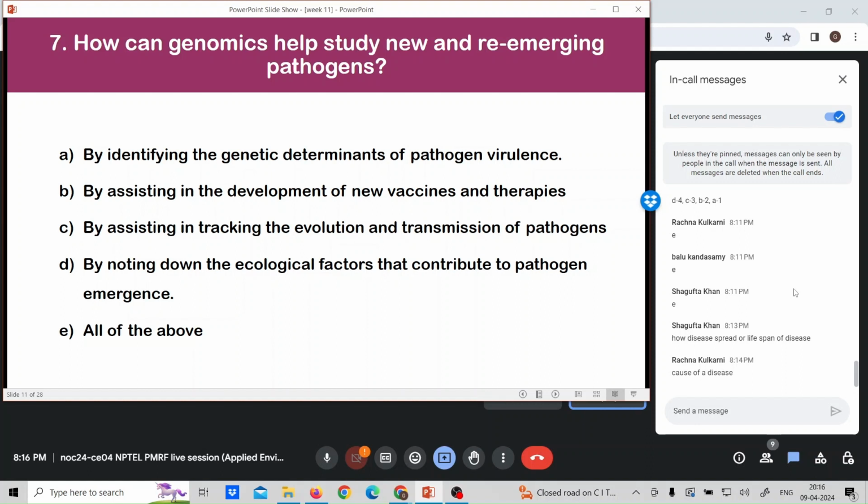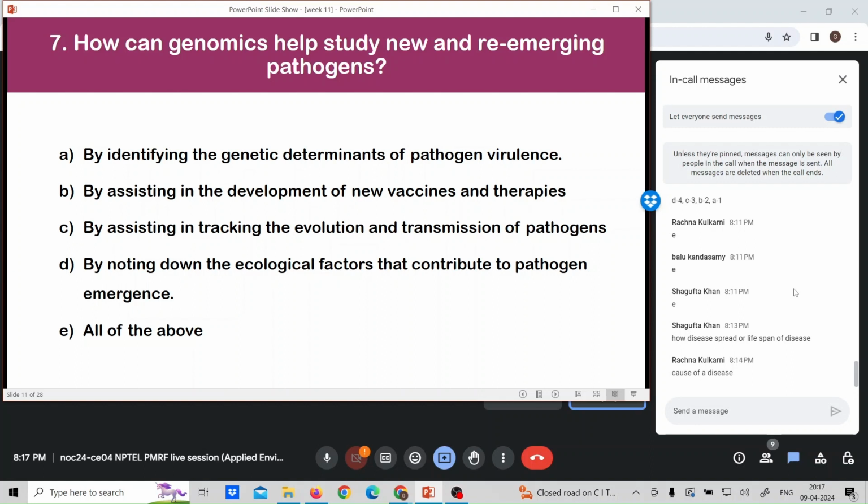Here, genetic determinants means what is the particular gene with which we can tell we have this particular disease or not. In the case of pathogens, all pathogens work based on their genes only. Some genes are responsible for production of some protein or some kind of metabolism which is not favorable to us, and hence we term them as pathogens.